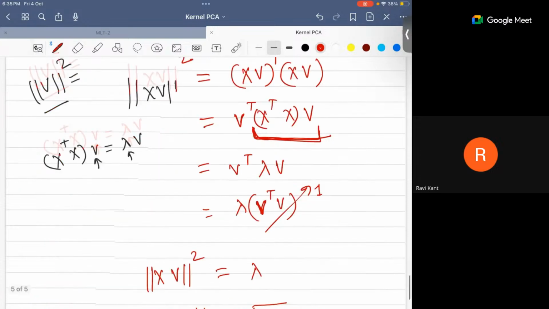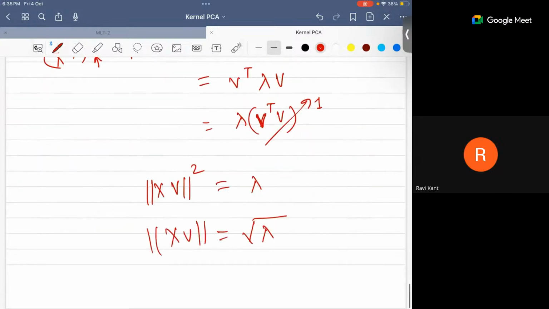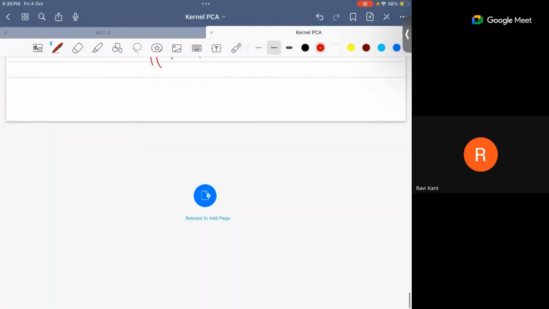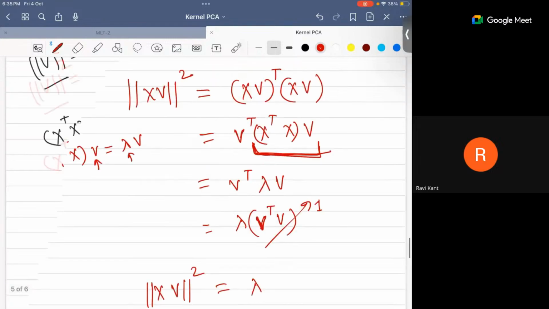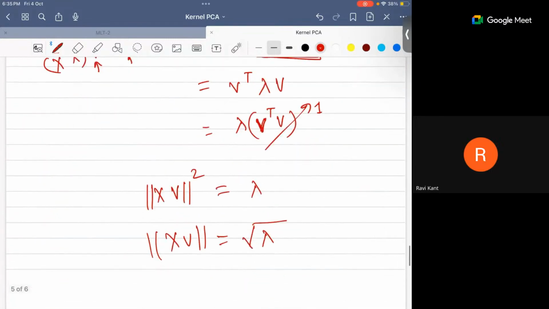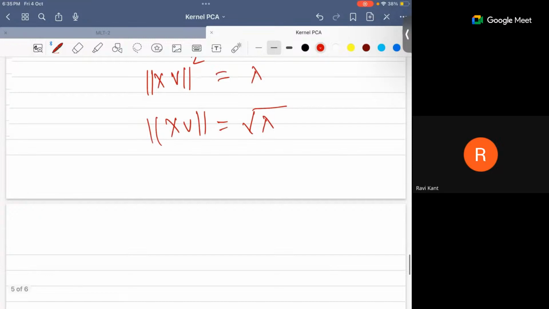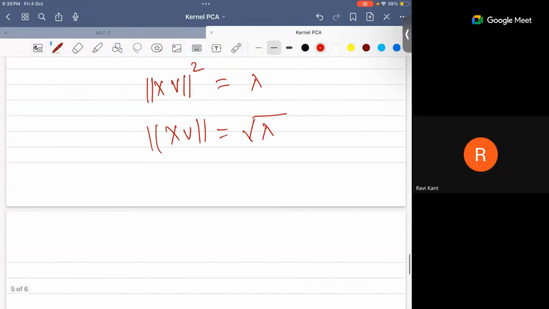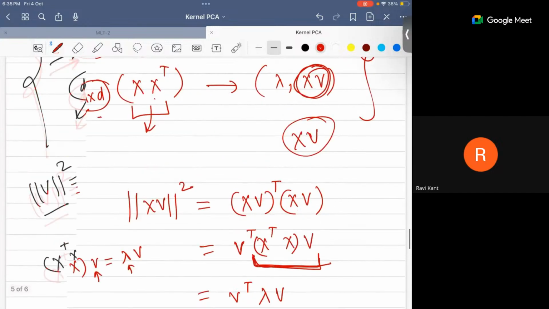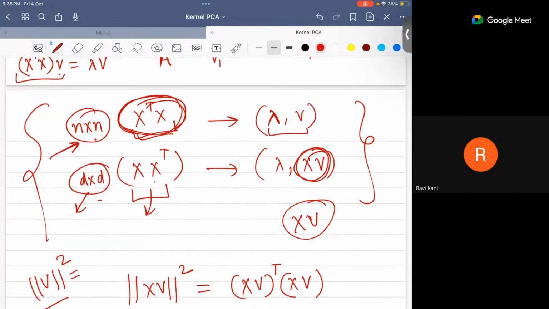So now we can say that the magnitude of Xv is root of lambda. Now you can normalize: you already know that if you have a vector, you can get the unit vector like this.